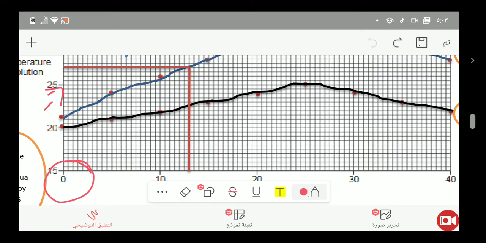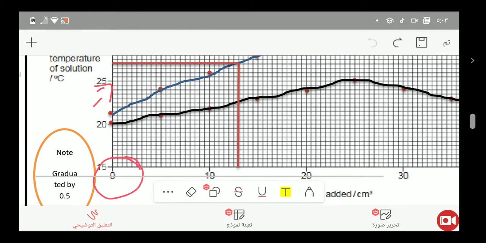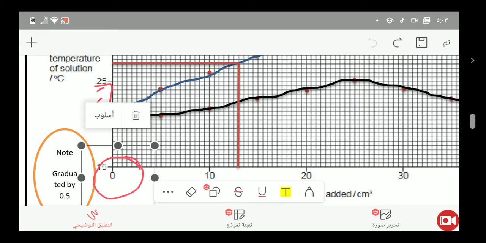Remember that the units here are graduated by 0.5, which means 15, 15.5, 16, 16.5, 17, 17.5, and so on. Also for the volume from 0 to 10: 0, 0.5, 1, 1.5, and so on. You have to raise it by 0.5. So the first point is 0 and 22.